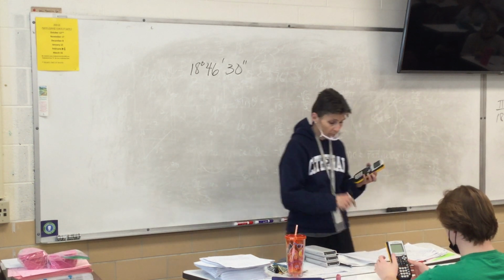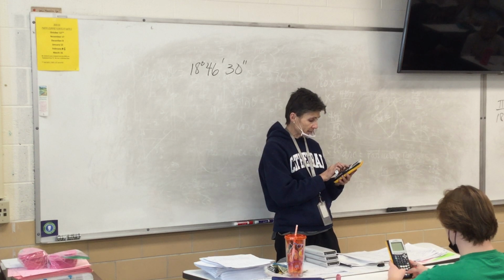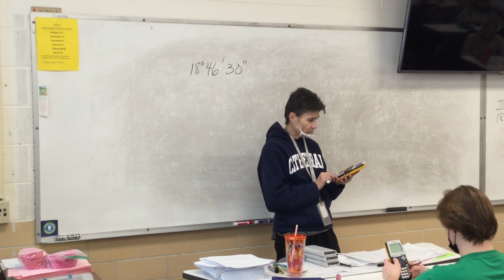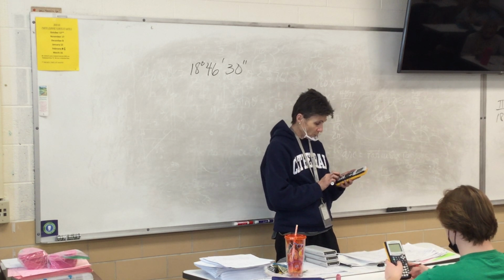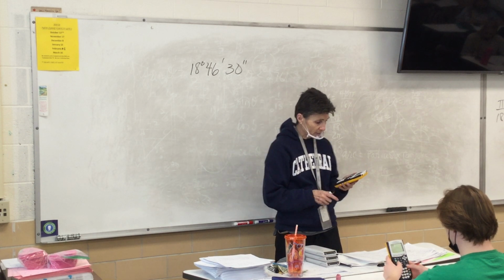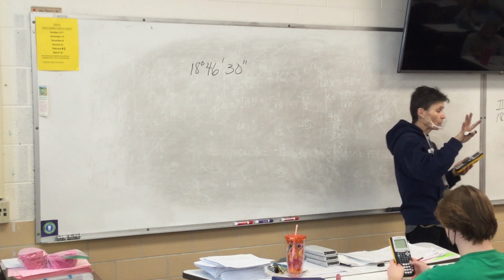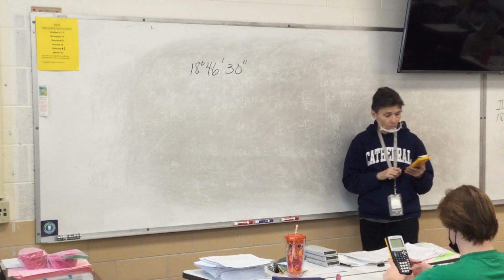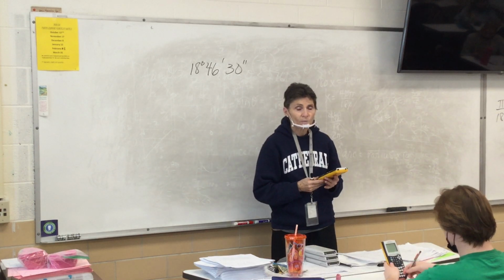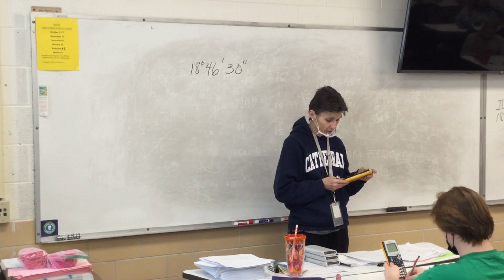So the very first problem is a degree. I'll do sine 28 second angle degrees, 14 second angle minutes. This is nearest 10,000, that's 4 decimal places. 0.4731 is what you should come up with.